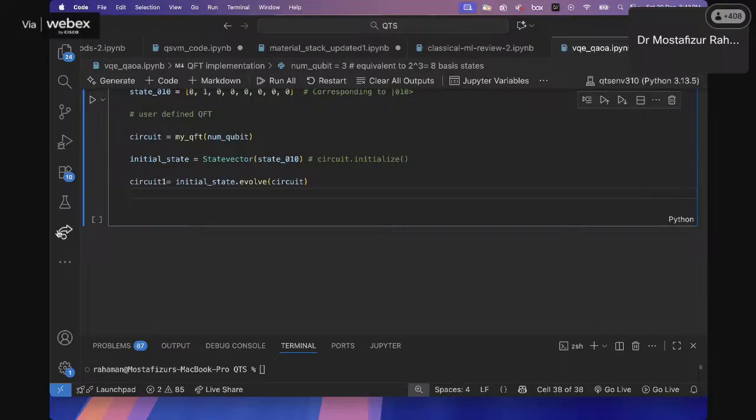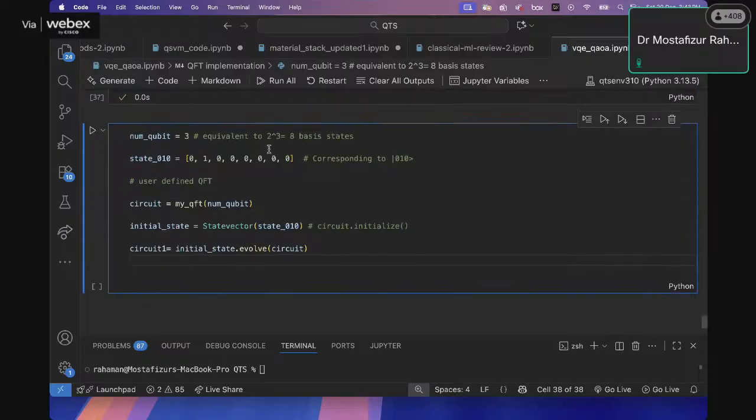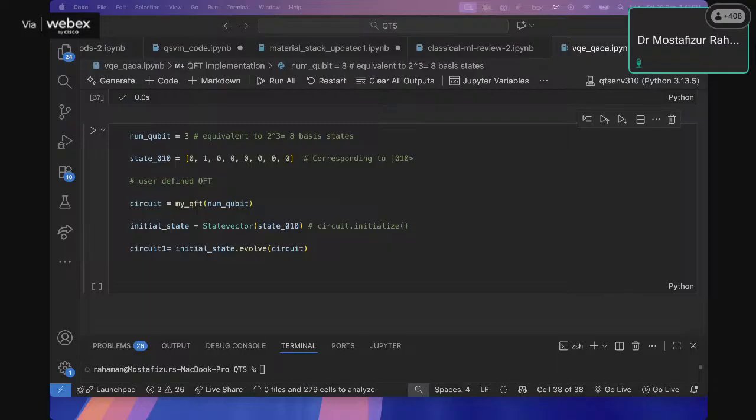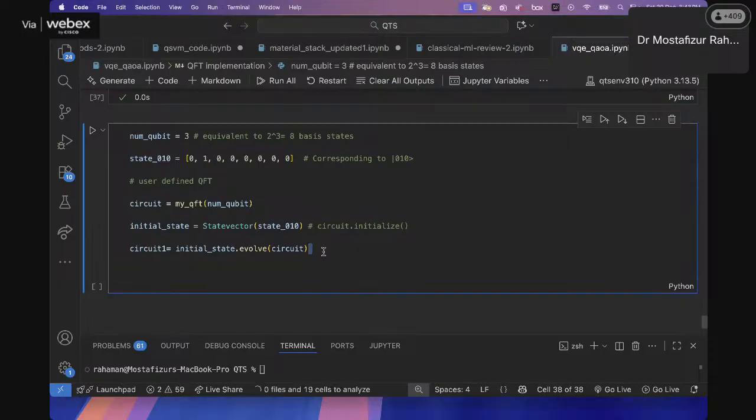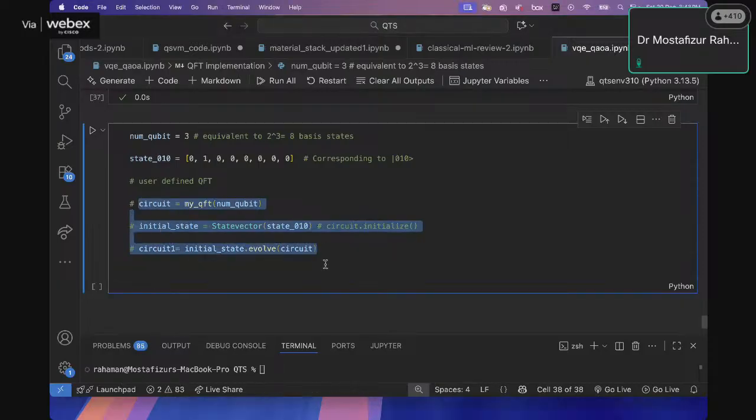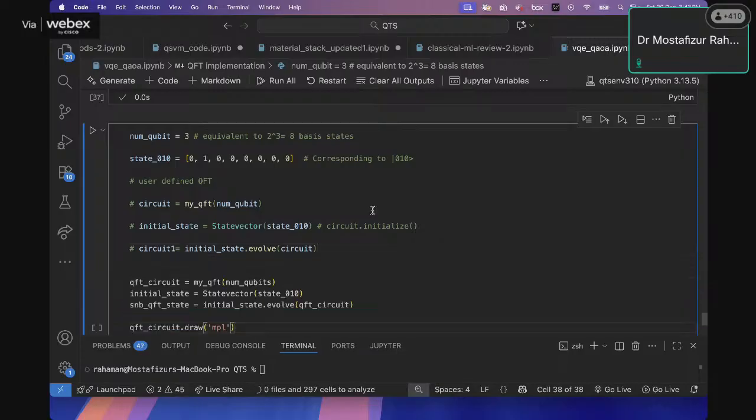So we have taken 3 qubits, num_qubits equals to 3. We have applied this. Just give me a couple of seconds. You can write this way, or this is also fine.